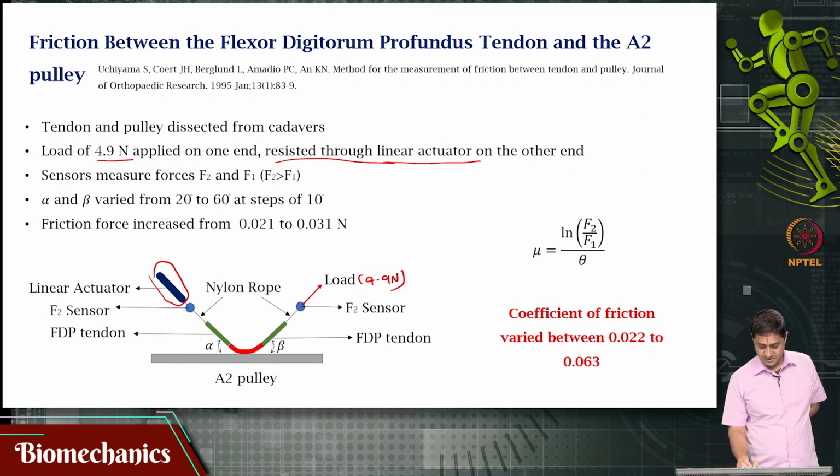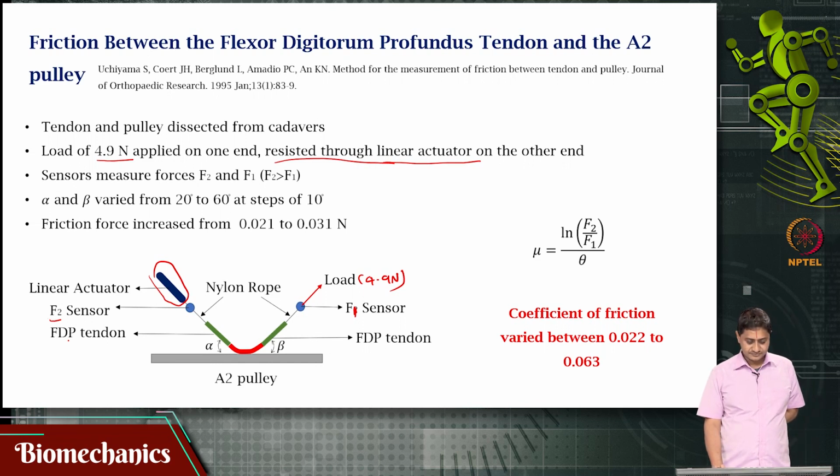The two ends of the tendon are making two angles, alpha and beta respectively, with the A2 pulley.